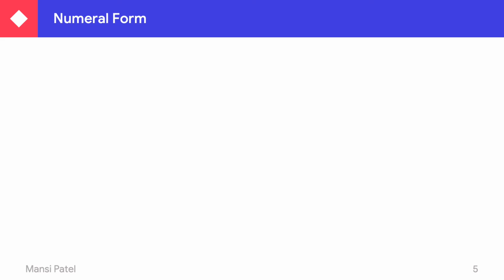Let us see the numeral form. In this numeral form, I am giving number names to you and you have to convert these number names into numerals, into the number. First, 16,867.